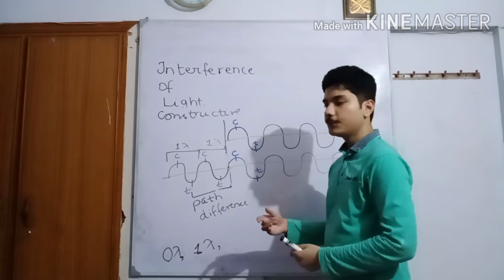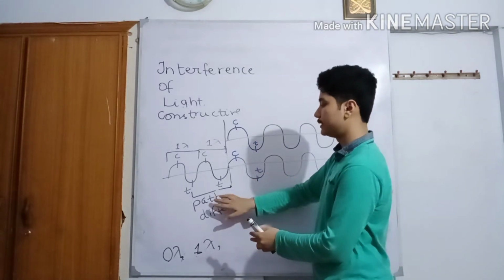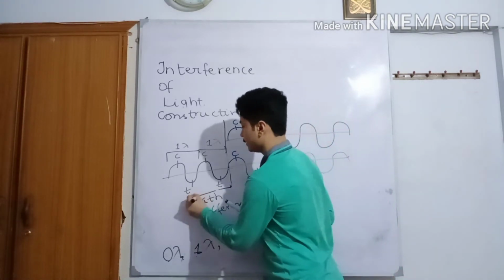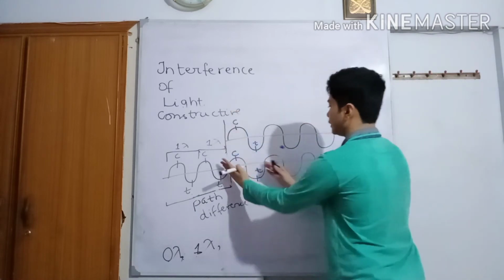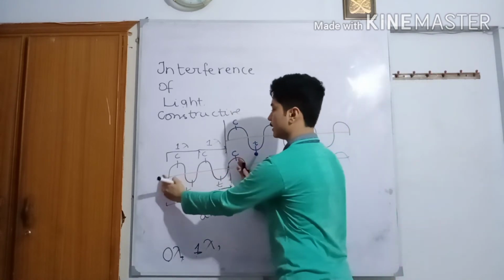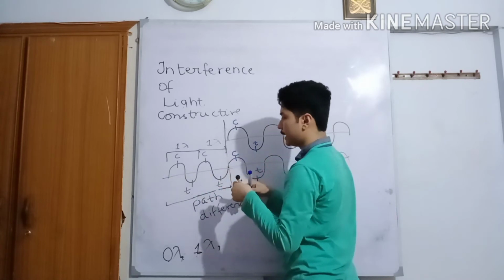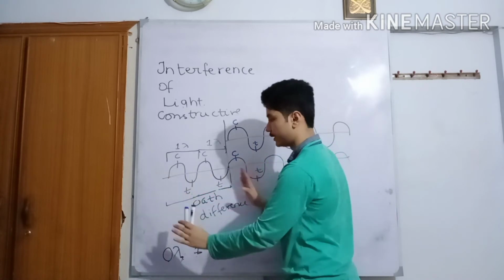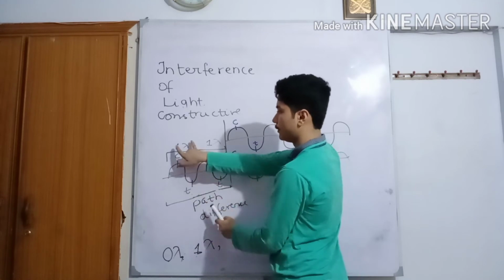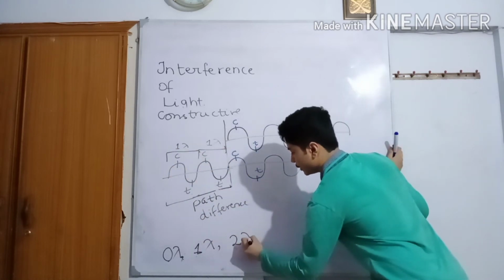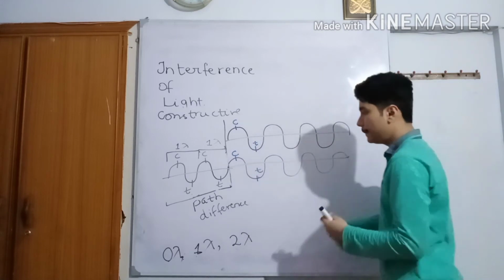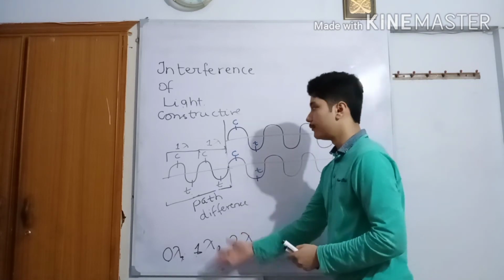Now if I tell you to calculate how much the path difference is, first of all you will subtract the first wave from the second. Now this all has been subtracted, and this has remained. So you can see this is all path difference. If you add both of those, 1 lambda plus 1 lambda, what do we get? 2 lambda. So when path difference is 2 lambda, what is the interference?